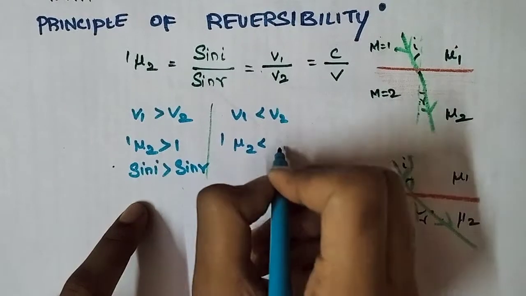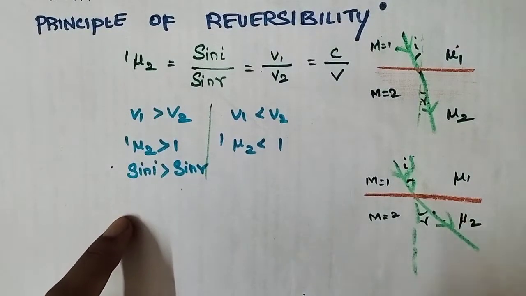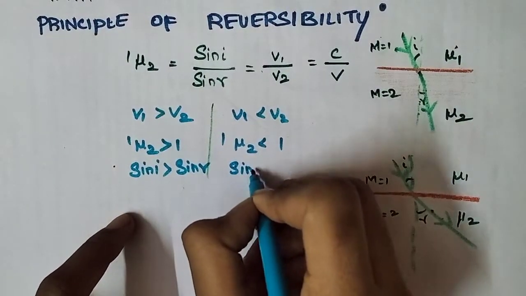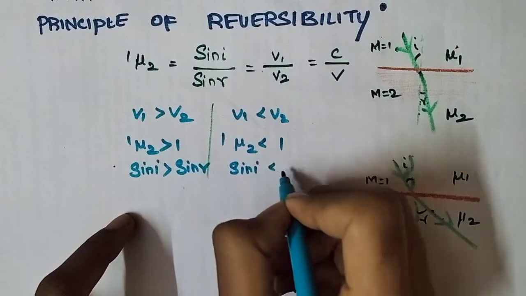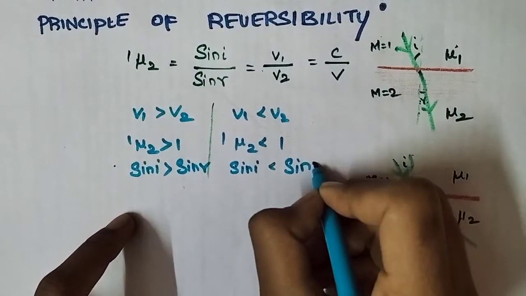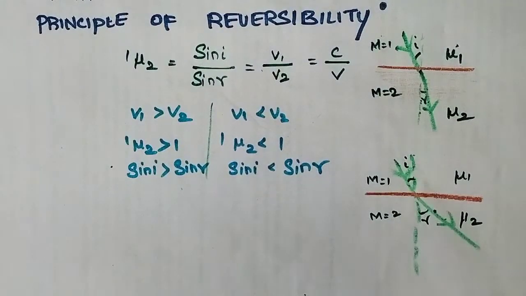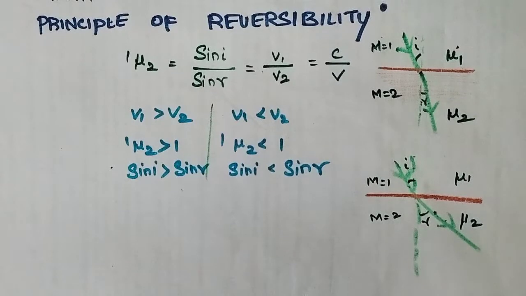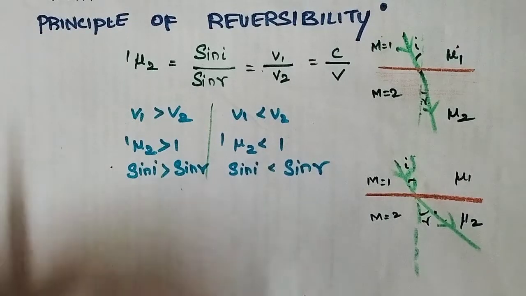It will be less than 1. So sin I will be less than sin R. Easily you can understand. So the ray of light bends away from the normal as it refracts from a denser medium to a rarer medium. So now it is the important condition.